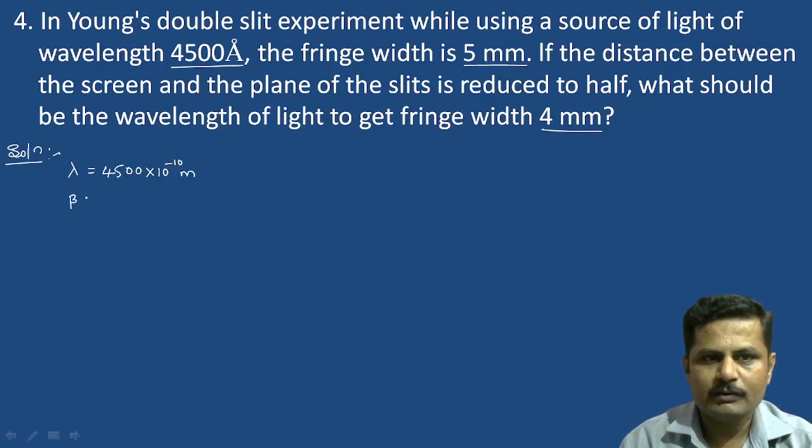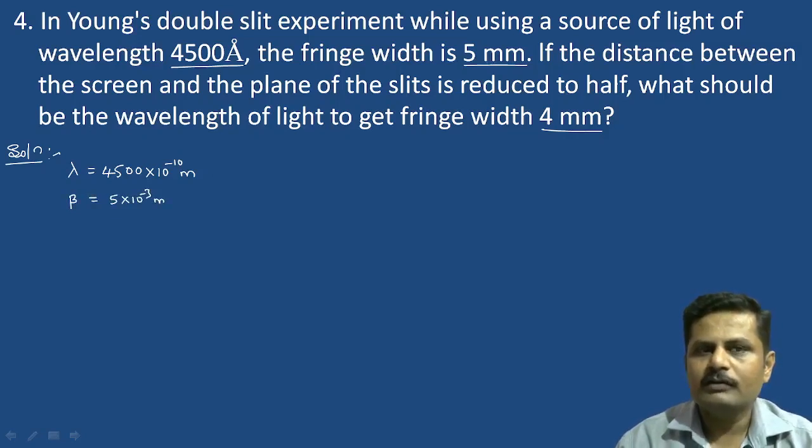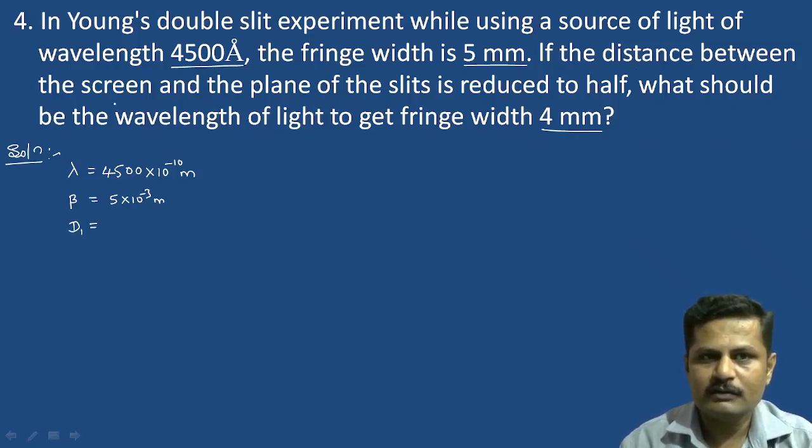Let me take beta equals 5 mm, that is 10 to the power minus 3 meter. If the distance between the screen and the plane of the slit is reduced to half, that means initially, the initial distance between the screen and the plane is d.